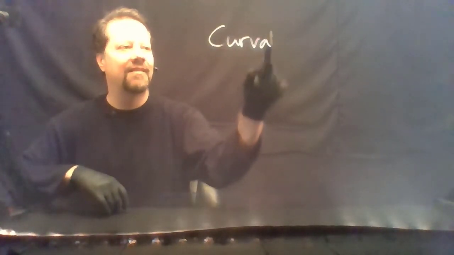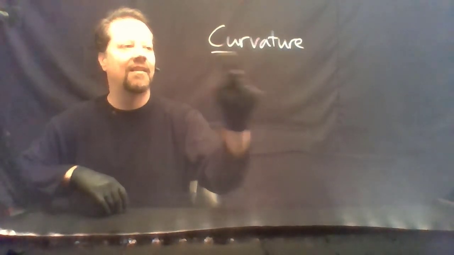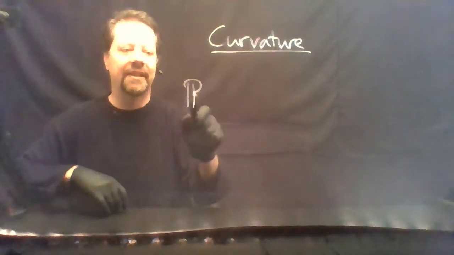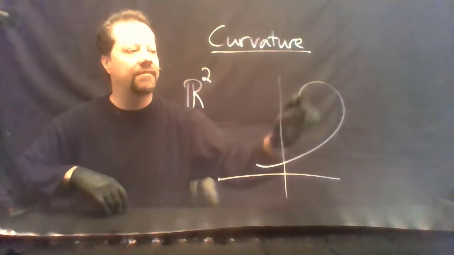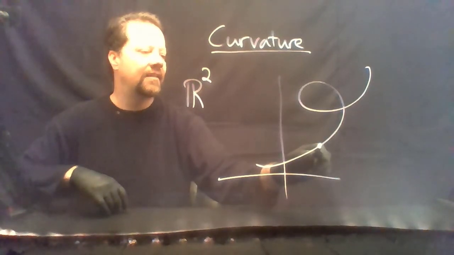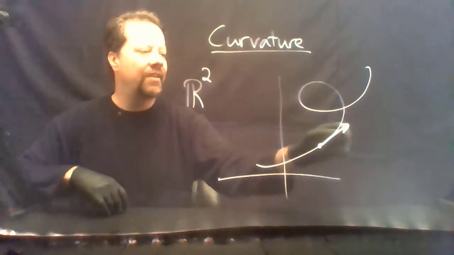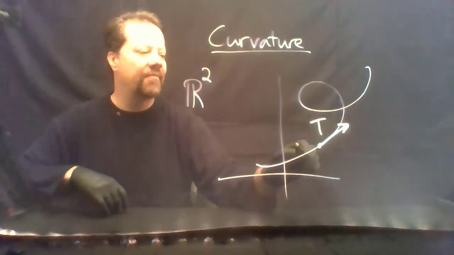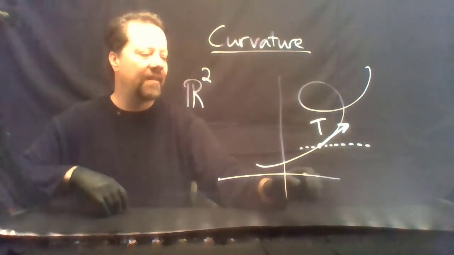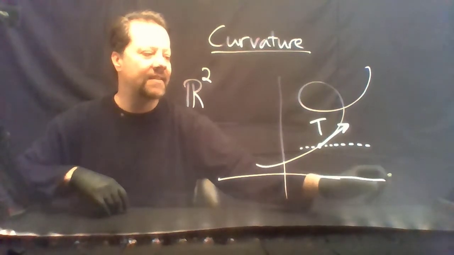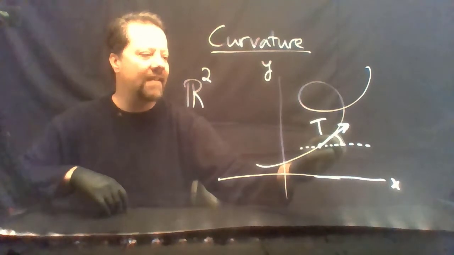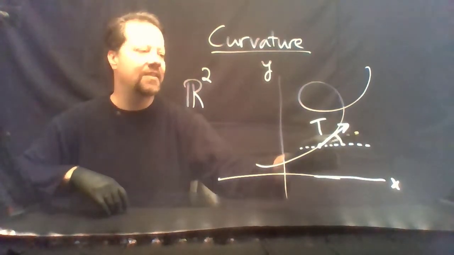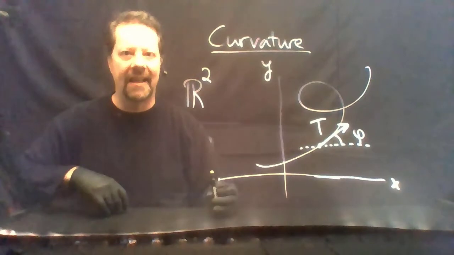I've finally come to the topic of curvature. We'll begin this topic in R2. Suppose we have some curve, and at some point we'll have a unit tangent vector T. If we draw in a line that's parallel to the x-axis, we'll define this angle off of the x-axis by the letter phi.